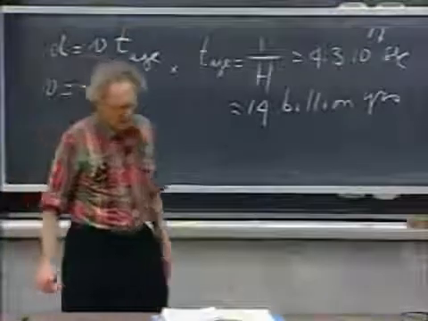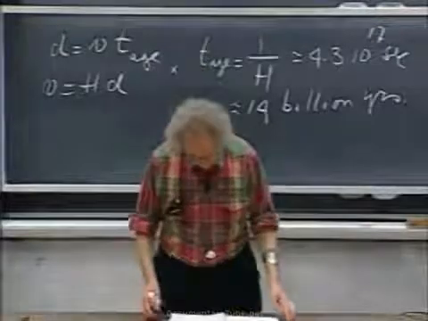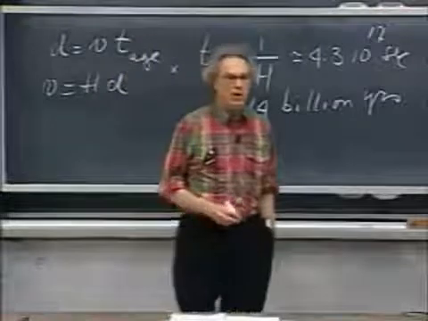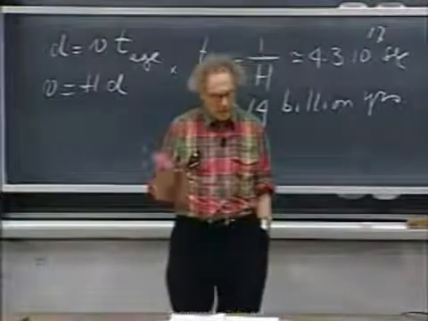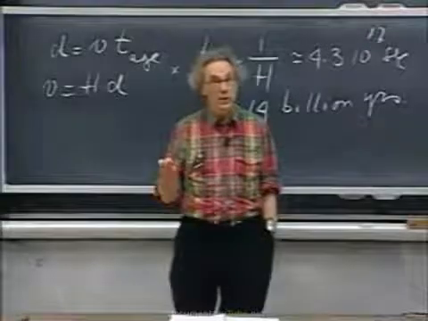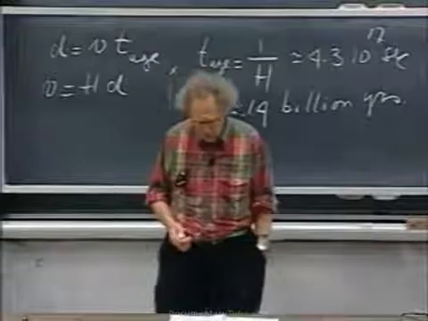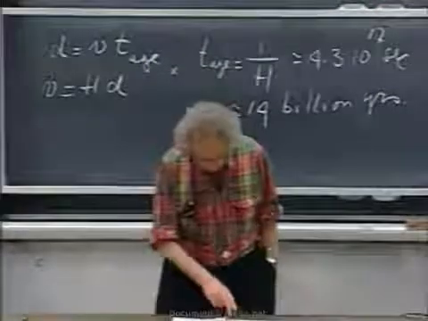So maybe the universe is a little younger, maybe 12 billion years or so. We know from theoretical calculations that the oldest stars in our own galaxy are about 10 billion years old. Therefore, the universe cannot be younger than 10 billion years. And there's general consensus in the community that our universe is probably 12 to 14 billion years old.